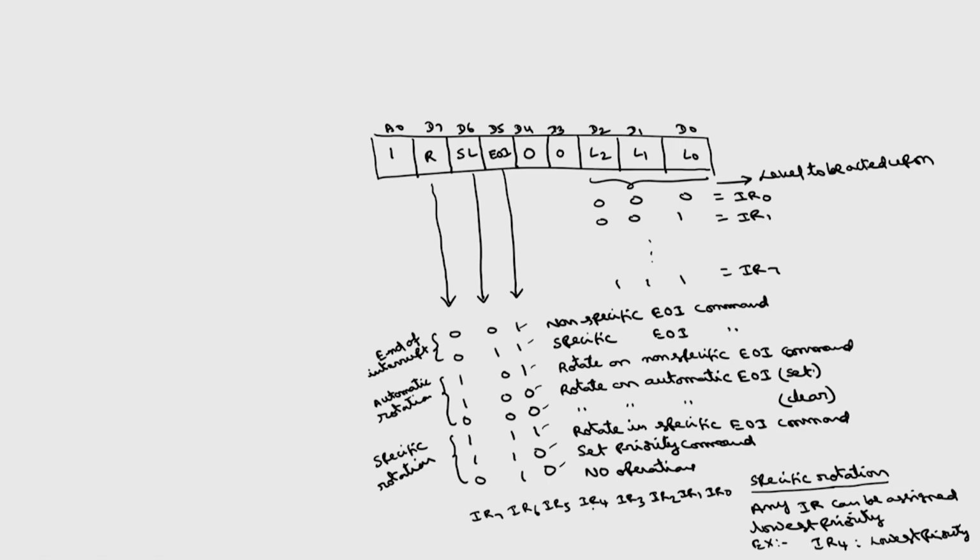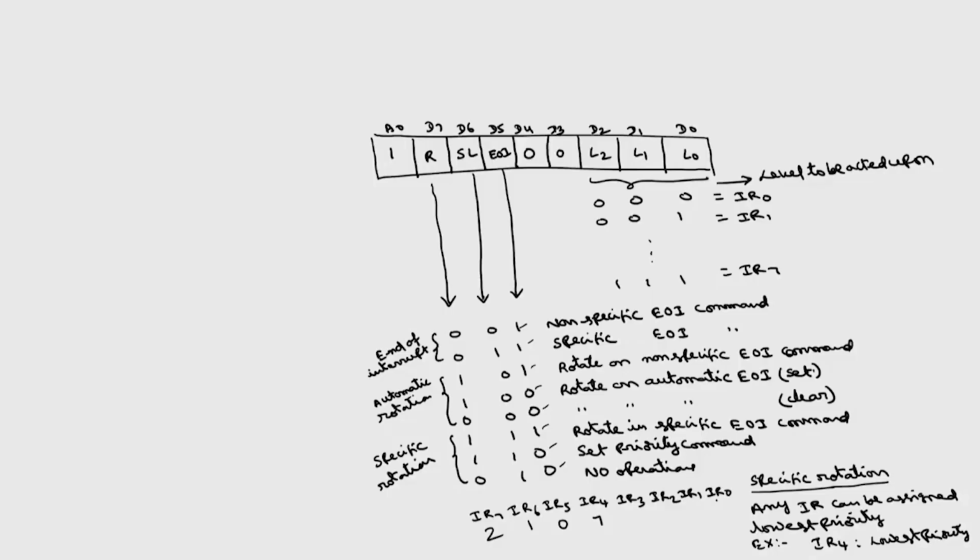So if IR 4 is lowest priority, the lowest priority will be represented by 7, 0 is highest priority. Then automatically the next one, IR 5, will have highest priority 0, 1, 2, then 3, 4, 5, 6. These are the levels of the priorities in case of a specific rotation.